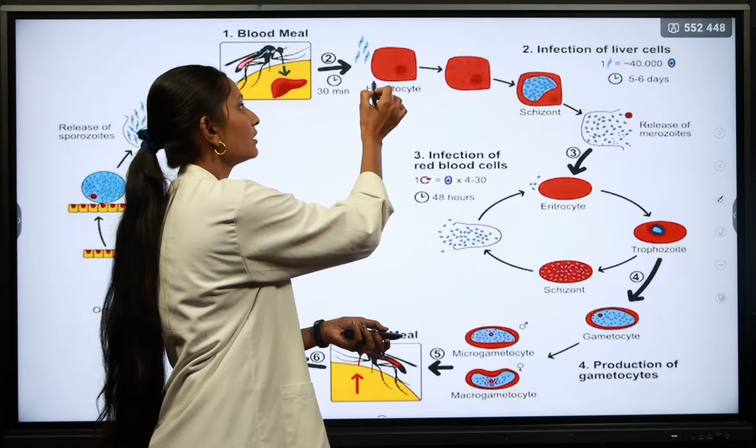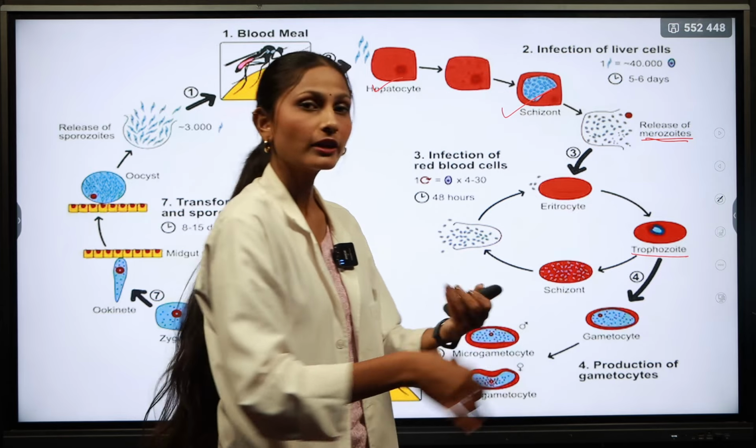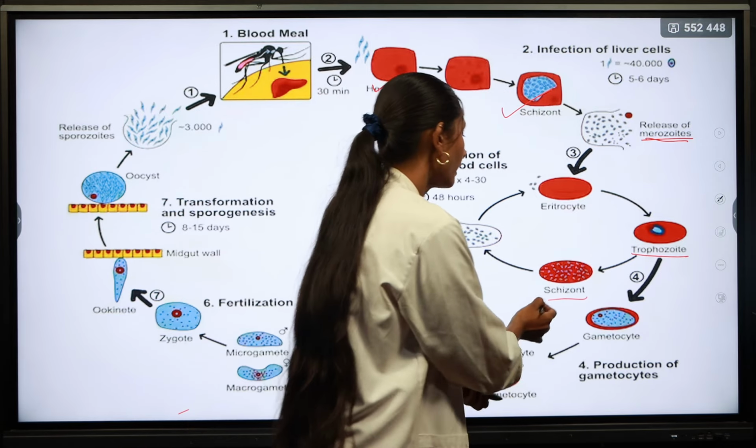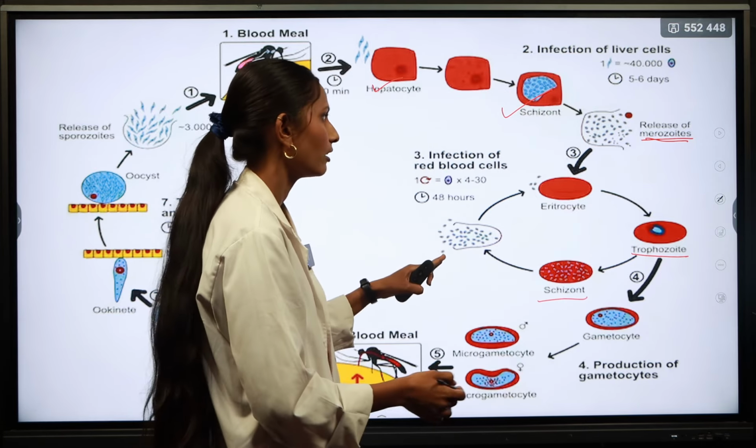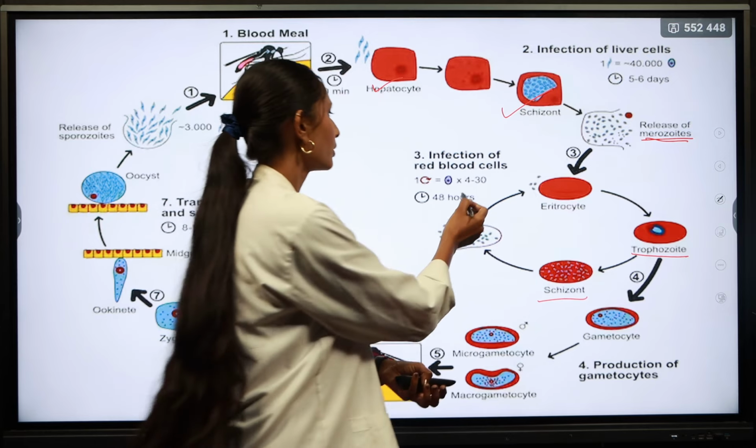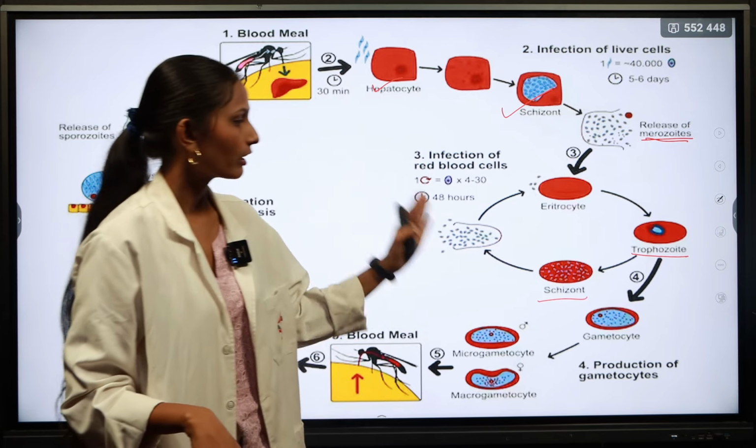After this merozoite formation, there is a cyclic representation here, you can see. That will convert into the trophozoite, and the trophozoite will develop into the schizont, and again this schizont will develop and release more merozoites. So after this, what will happen?